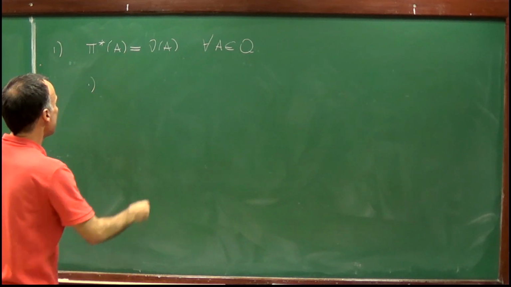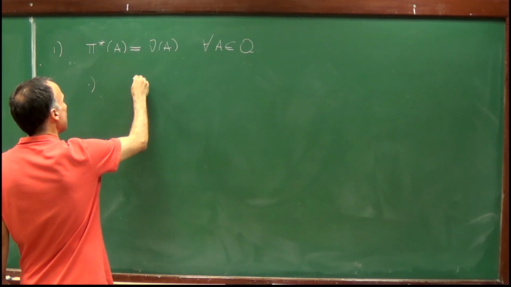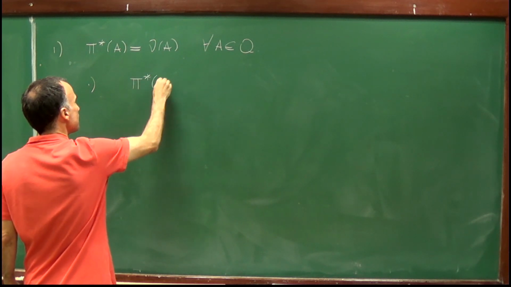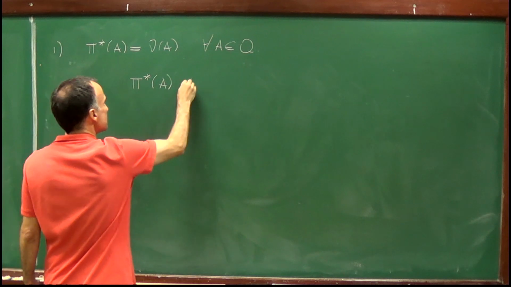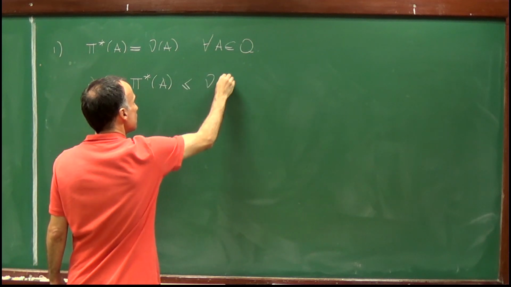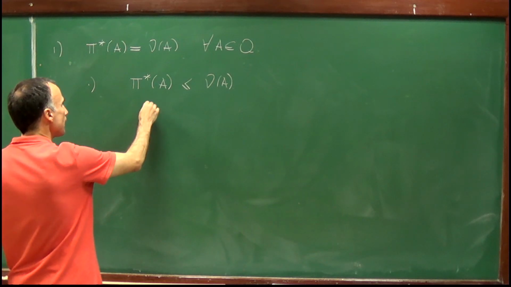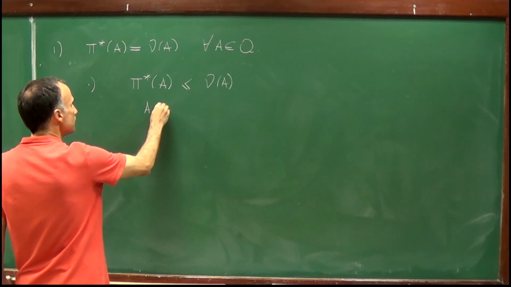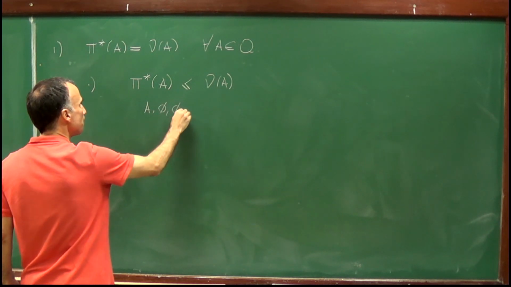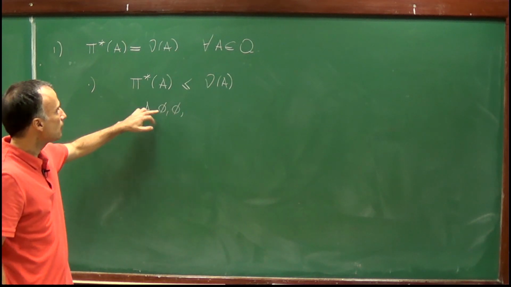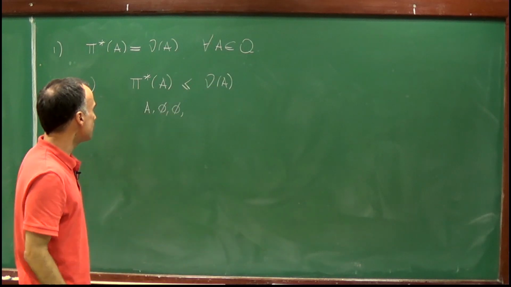First, let's show that P star of A is less than or equal to nu of A. Well, that's clear because if I take A, the empty set, and so on, I get a covering of the set A by elements of the algebra.